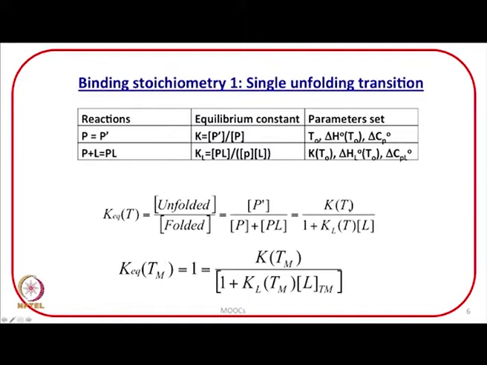And now what I will do is, instead of T, you just write Tm. The description is the same. So it becomes K at Tm over 1 plus KL at Tm into the concentration of ligand at the midpoint of transition.